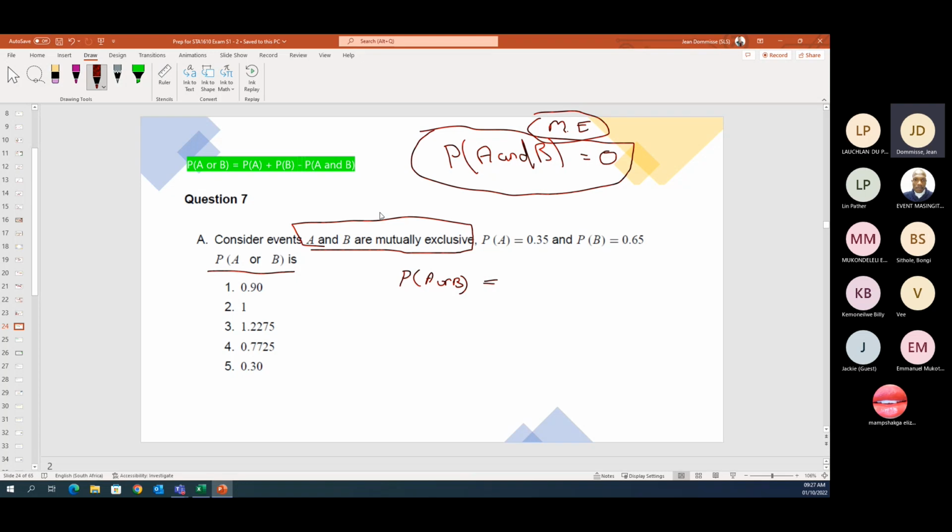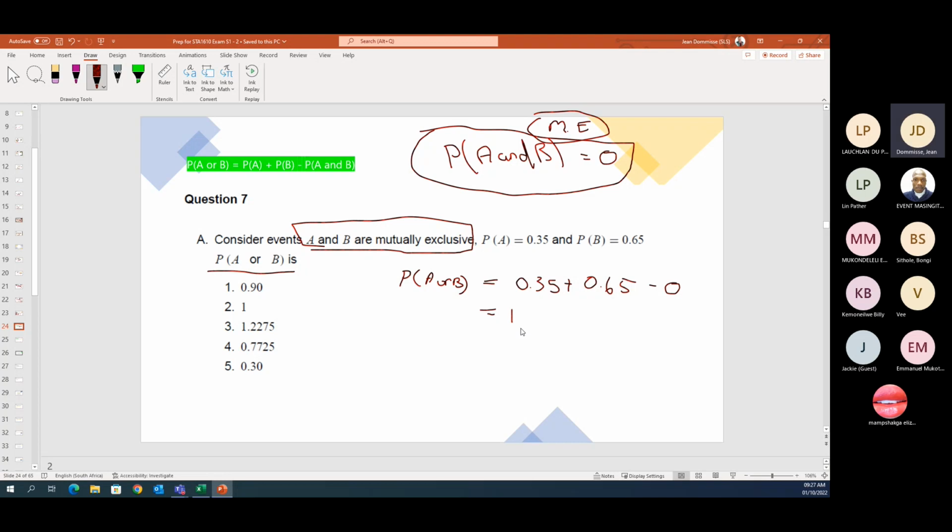So that's the probability of A, 0.35, plus the probability of B, 0.65, minus the AND. They told us the AND is 0. So it's the probability of the one plus the other, which gives us 1.